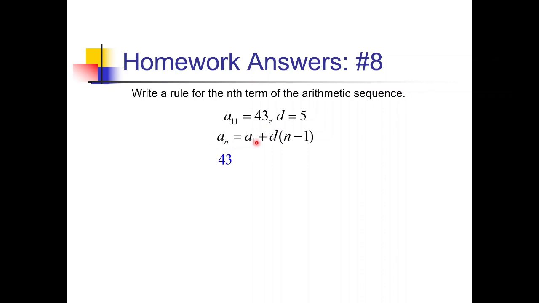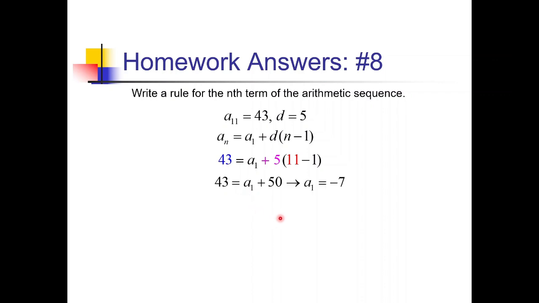Equals a1, which is still going to be a1, we're solving for that, and then our d is 5 here, so plus 5, and then parentheses, to get 43 we had to plug in 11, so we'll do 11 for n. All right, let's clean this up a little. 11 minus 1 is 10, times 5 is 50, and then subtracting 50 over here to get a1, we have negative 7.